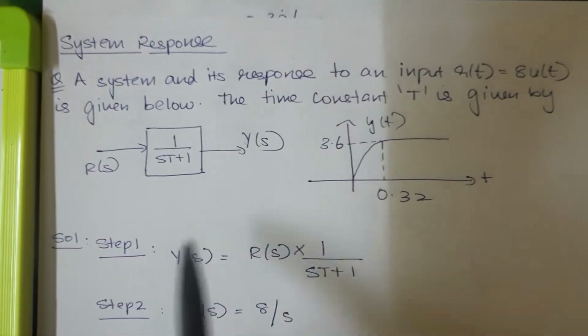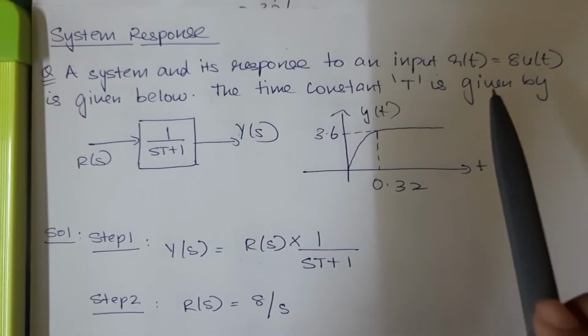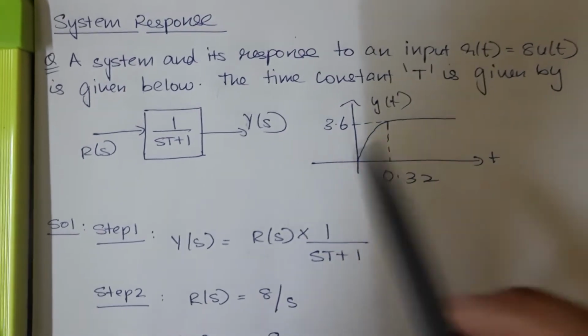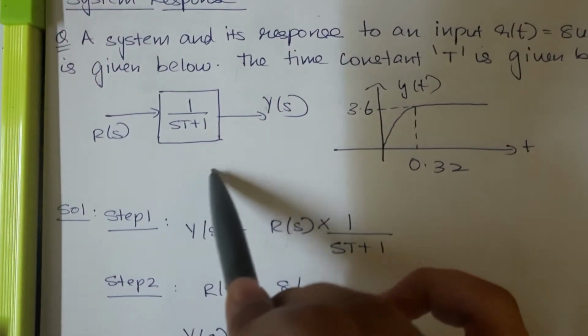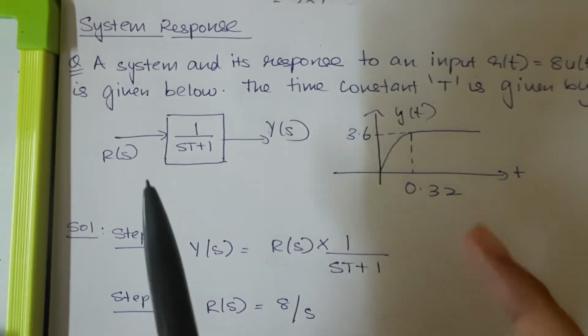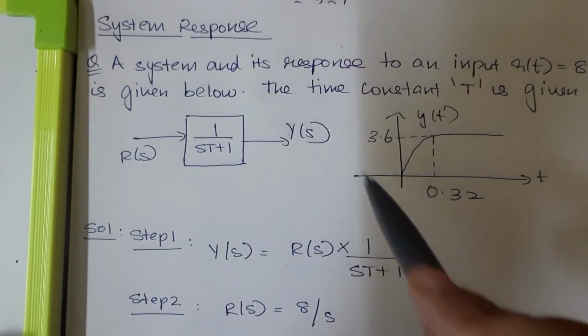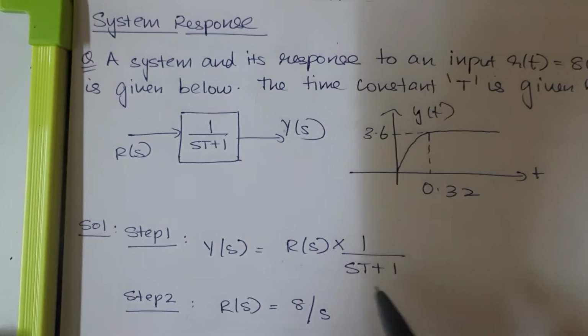They have given us a system and its response to the step input 8 u(t). Now from here we can see that our system is a single pole system, 1 by (sT plus 1), and this is the response.